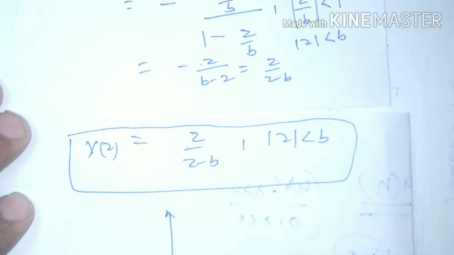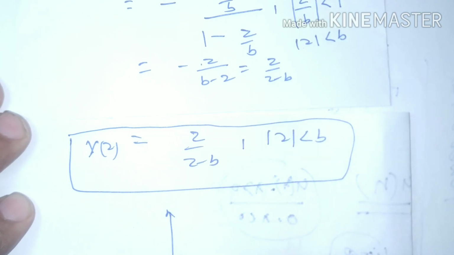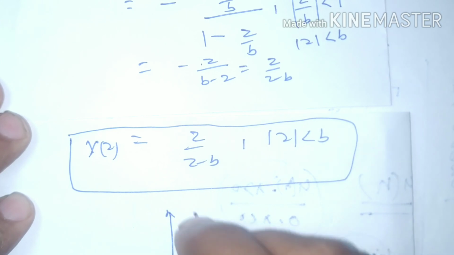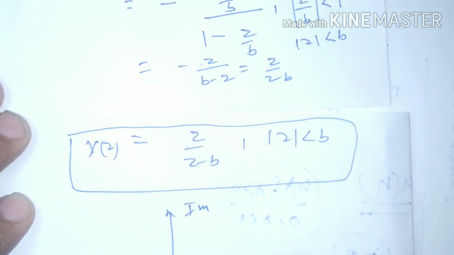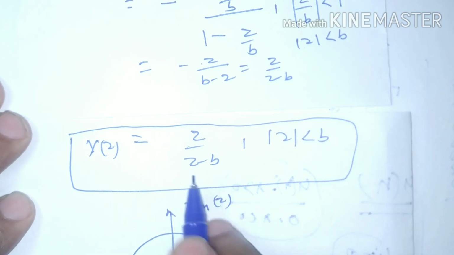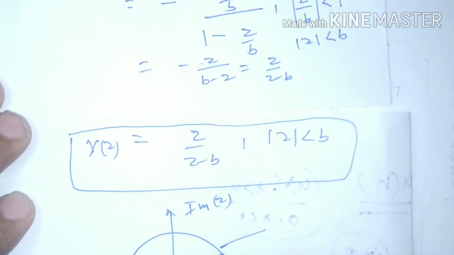if we find its ROC, here is the complex plane, with the real part and imaginary part of Z. If we draw a circle of radius b, then its ROC will be the interior part of this circle.